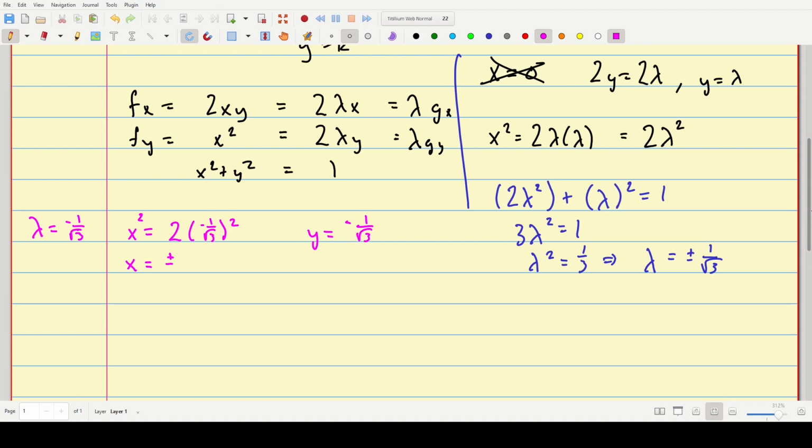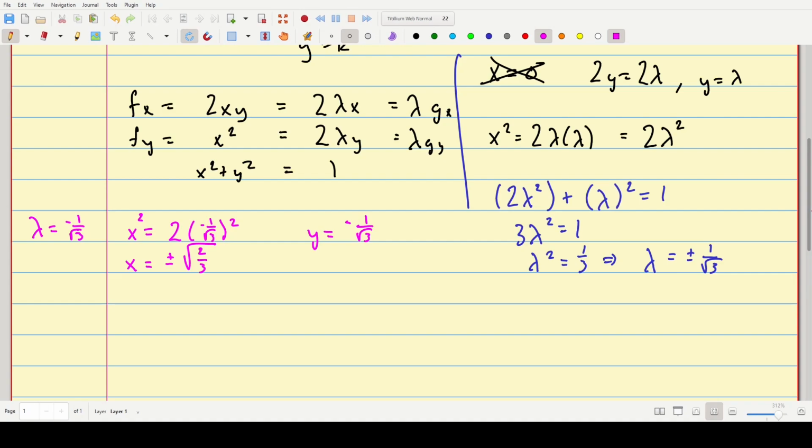So it's going to be this, right? We square it, we get 1/3 times 2, and then the square root of 2/3 is equal to that. Again, we have another plus or minus because we have to take the square root to isolate x.